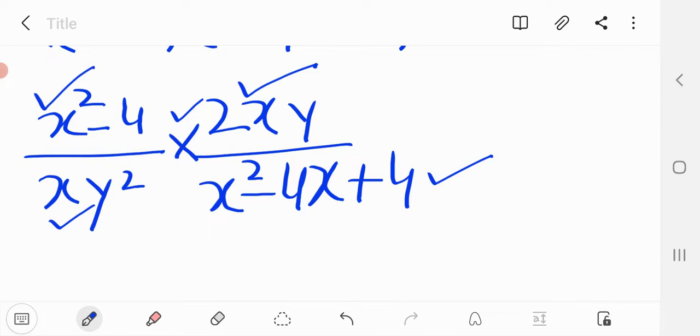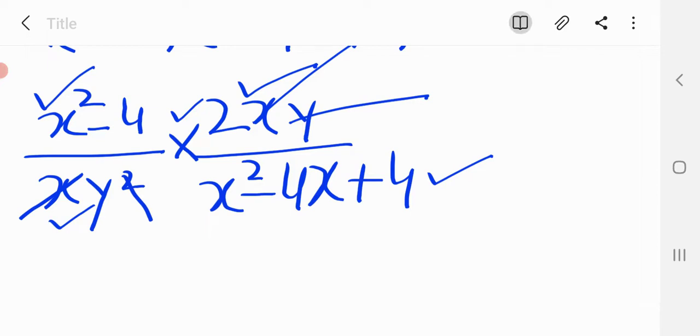Just like in this question, we have y square in the denominator and y in the numerator, so one y from the denominator and one y from the numerator will be cancelled. One x from the denominator and one x from the numerator will also be cancelled before factorization. Because one is in the numerator and the other in the denominator, they both will be cancelled. So now we have x square minus 4 multiplied by 2.